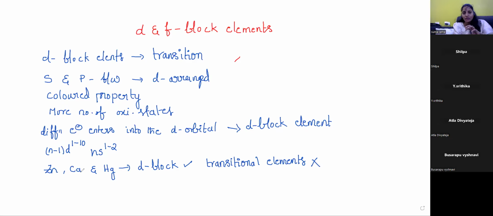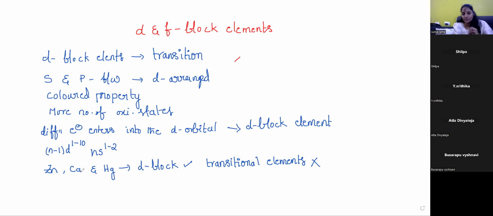At that time, they absorb energy in a particular region, so that they can show colored nature. But if the element has a completely filled d orbital, it does not involve d-d transitions from one energy level to another energy level.